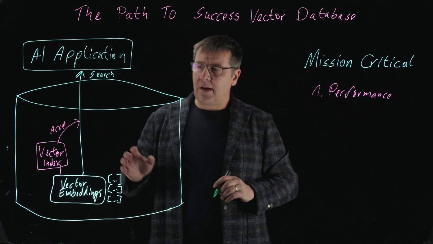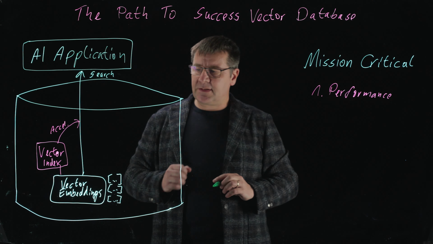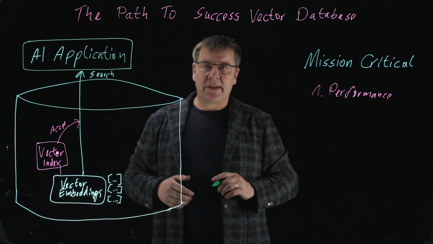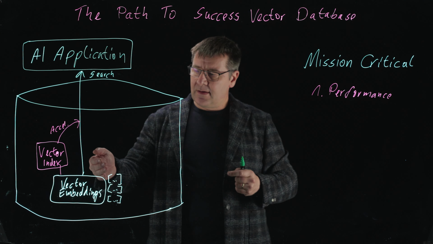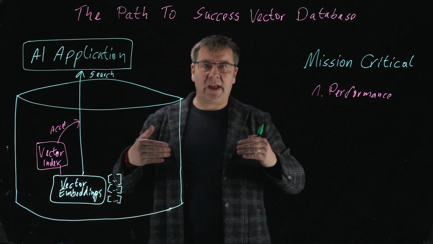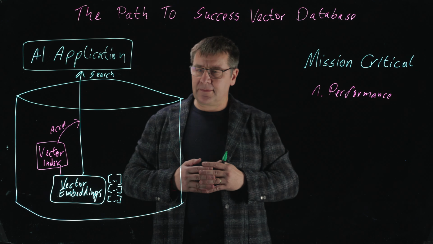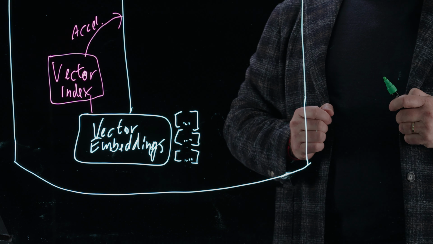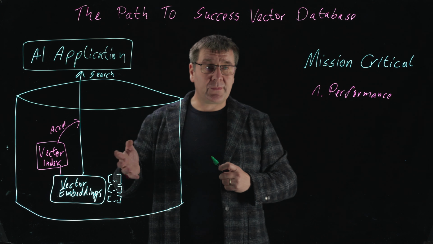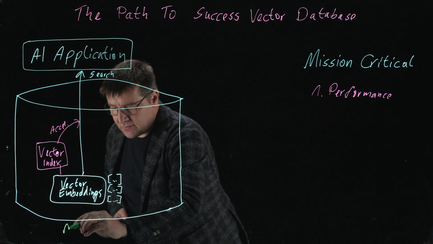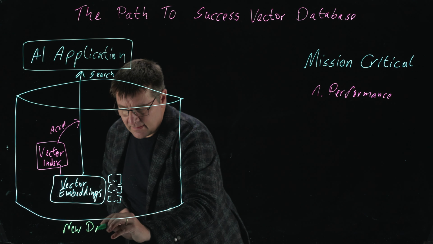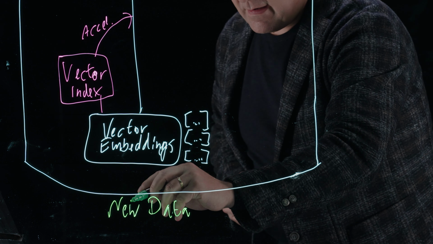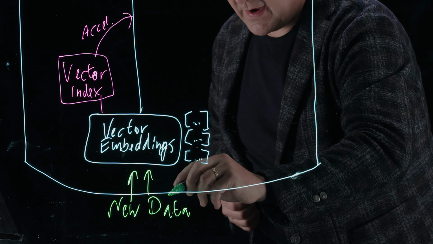Now, beyond performance, what also matters is that these vector embeddings are coming from somewhere. They are actually produced and generated based on actual data, like documents and images. If this data is dynamic and constantly changing, these vector embeddings also need to be constantly changed and updated. So we need to talk about new data that is coming in and generates new vector embeddings.